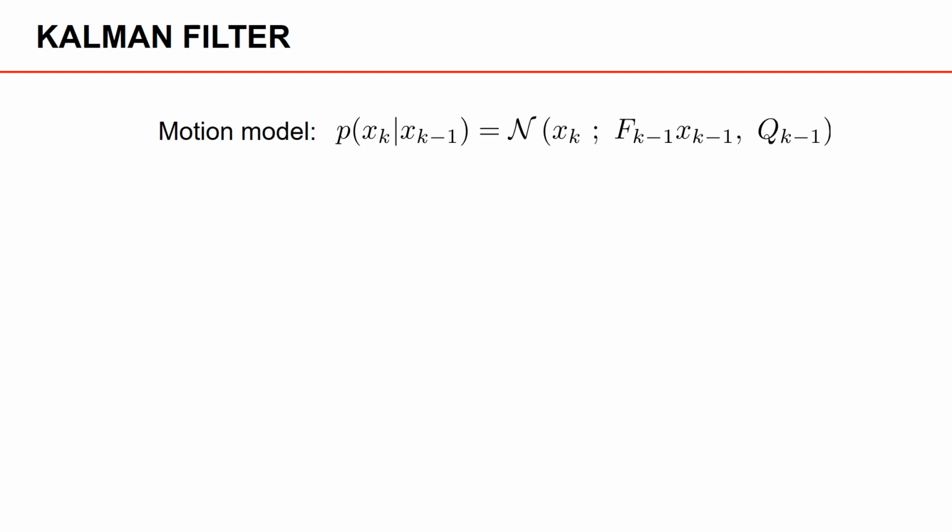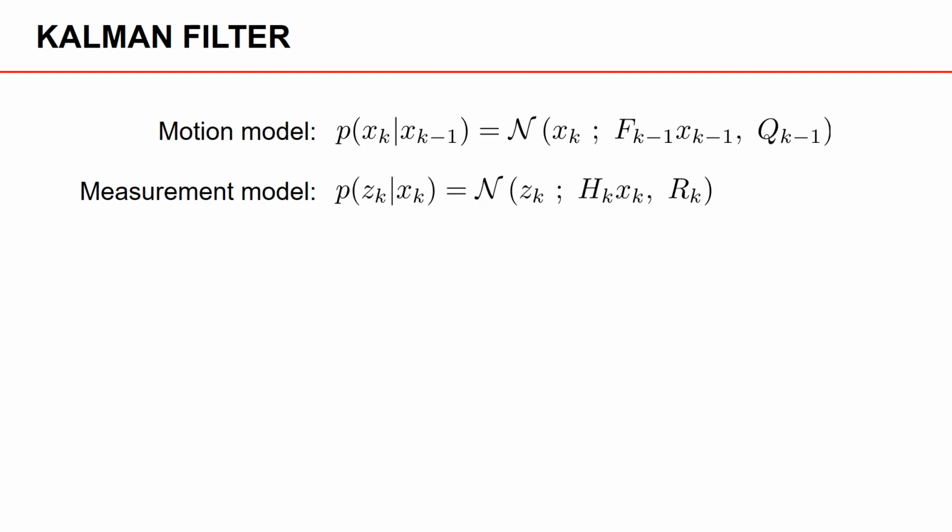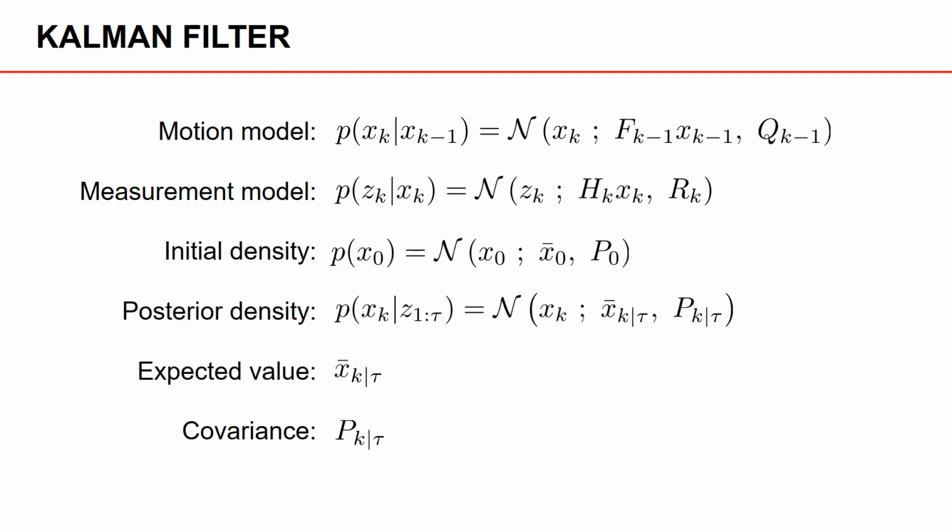We have a Gaussian transition density that has a motion model F and a process noise covariance Q. We have a measurement likelihood that is also Gaussian with a measurement model H and a measurement covariance R. And in the Kalman filter, the initial density is Gaussian with mean vector x bar and covariance P. And the posterior density then, at time k, given measurements up to and including time tau, is Gaussian with mean vector x bar and covariance P. And the subscript indices here are used to denote that these are the mean vector and the covariance at time k, given measurements up to and including time tau.